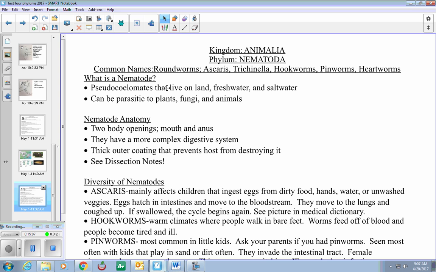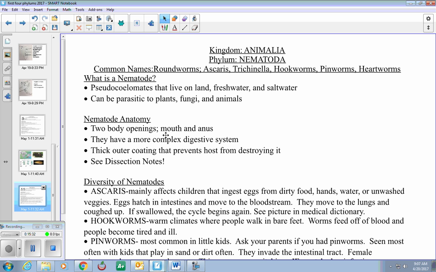They can live on land, typically moist land. They can live in freshwater, saltwater. They can live in people. Those are the really interesting ones. So they can be parasitic. Lots of plants and fungus have parasites that are nematodes. But one of the biggest evolutionary steps we take here is that a nematode has two body openings.